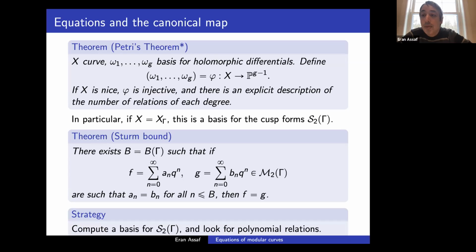We can compute a basis for the space of modular forms with respect to our subgroup gamma, and then look for polynomial relations. The basis would give us the map, and the polynomial relations will give us the equations that they satisfy. We can check the polynomial relations by checking the Fourier coefficients up to the Sturm bound.